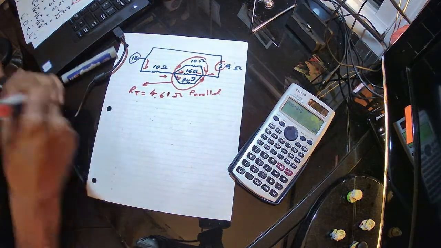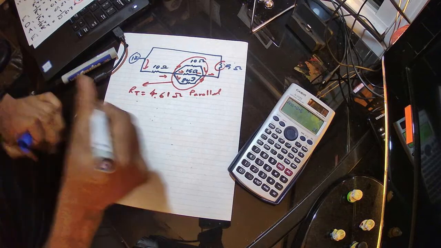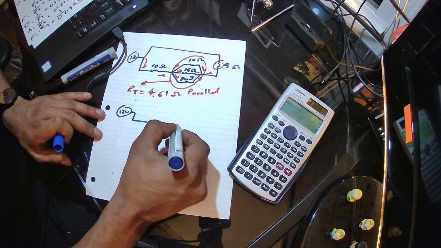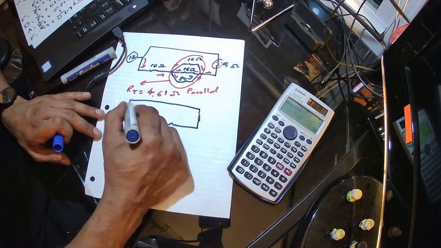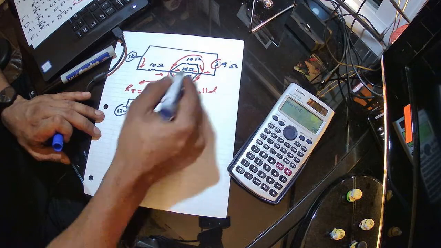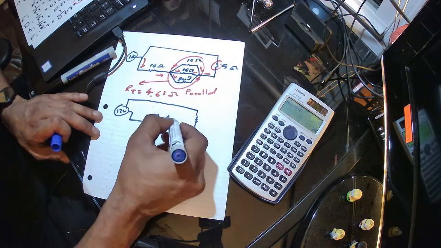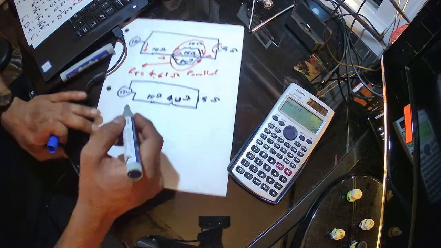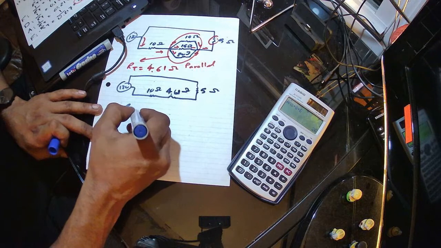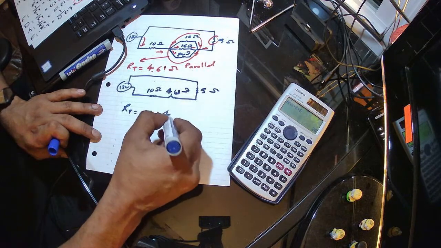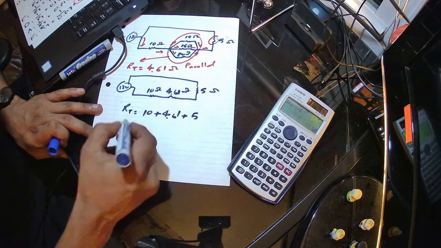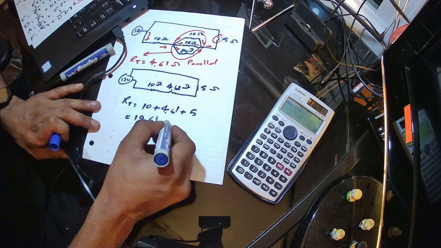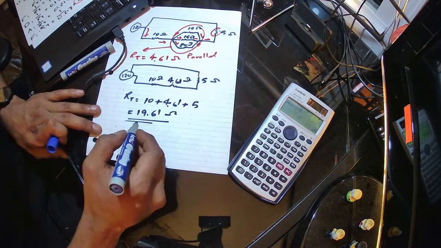If I redrew this circuit, 120, I'll have 10 ohm, and the total of these three resistances, which is 4.61, and this is 5 ohm. So these three are in series, so our total will be 10 plus 4.61 plus 5 equals 19.61 ohm, and that's my circuit total resistance.